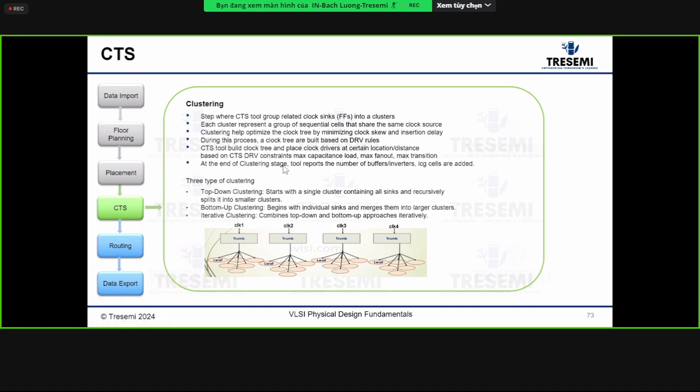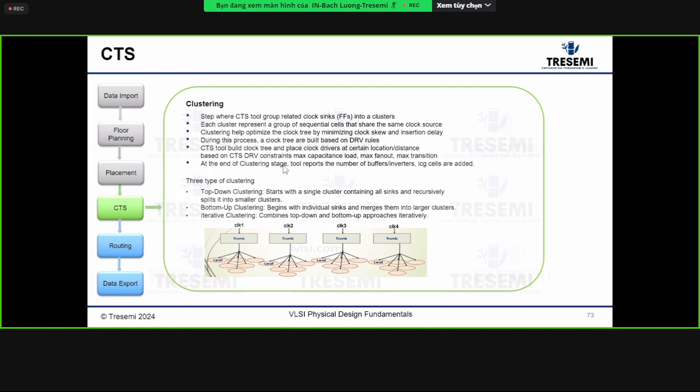You remember what these DRVs are? Max fanout, max trans, max cap. Those are the DRV rules that the clock tree has to obey, just like the signal nets. In placement, we talked about DRV applied to signal nets.